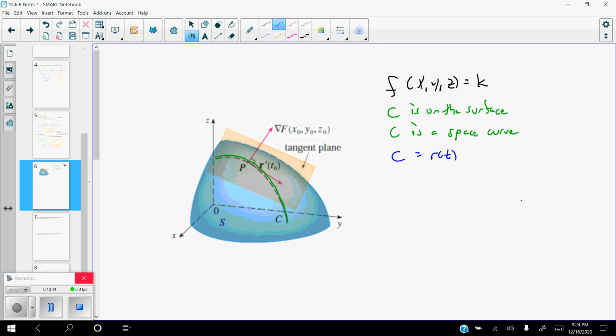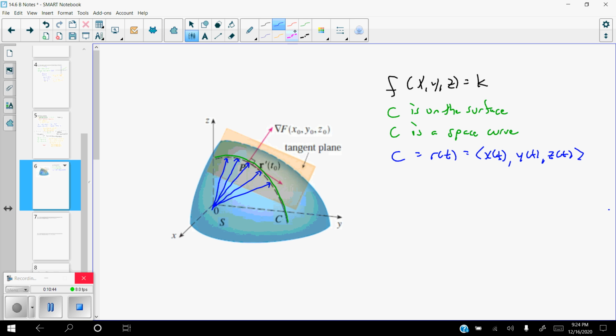We can define C by r of t, which just basically means that there is some vector coming from the origin out to here, out to here, out to here. Basically, every single possible point on this curve can be defined by a vector. So that would be some kind of x of t, y of t, and z of t. It's a space curve of some kind.